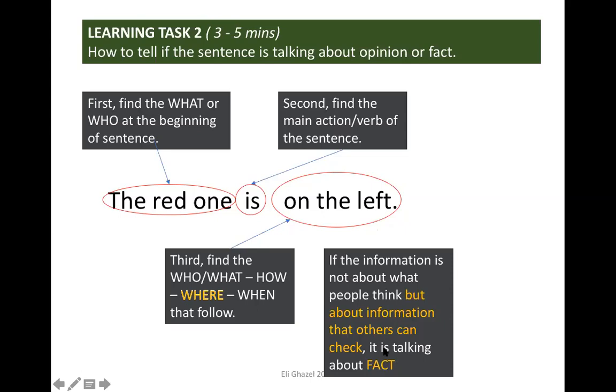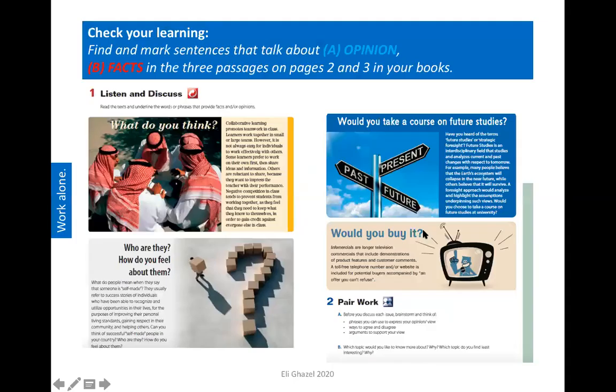What do you think is going to happen now after these two slides? You got to do it. Now you tell the students, go to the book, open your books, find and mark the sentences that talk about opinion and facts in the three passages, 1, 2, 3, all right? These three passages, you can move it up to 4 if you like.